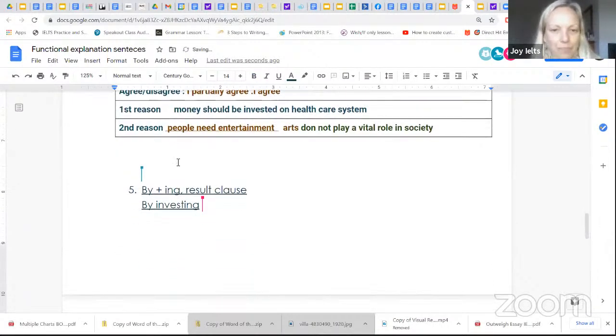Okay, by. Has anyone got a different word for investing or distributing or giving? A synonym for invest? Nice. Good. By allocating this money, simply this money, not this amount of. Let me see what the comments are in there.